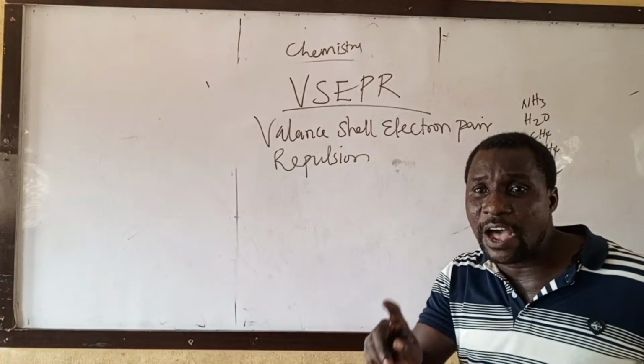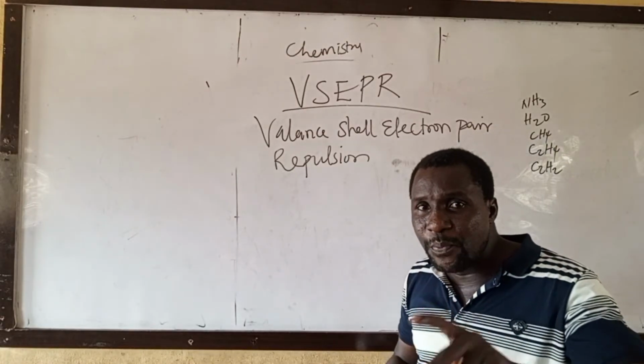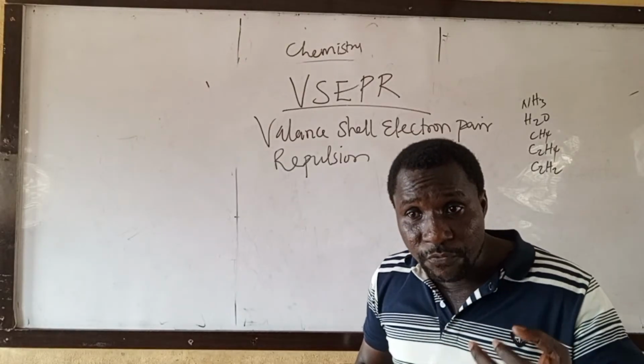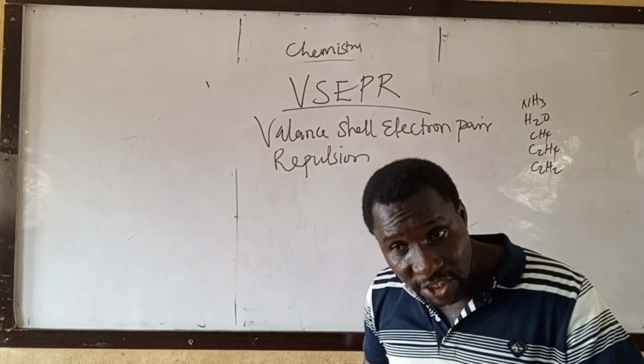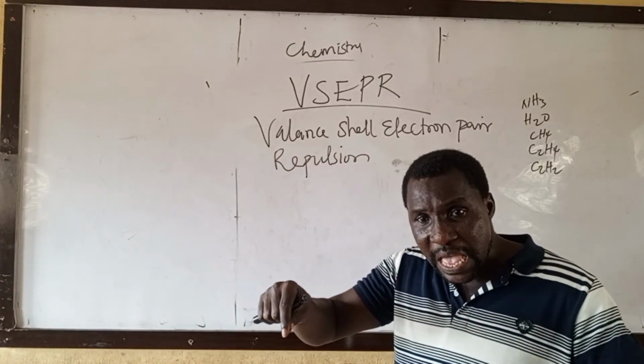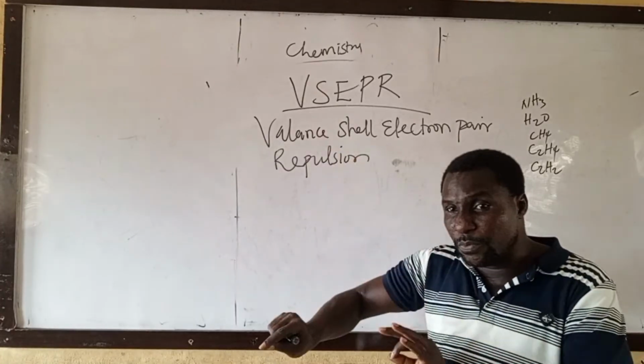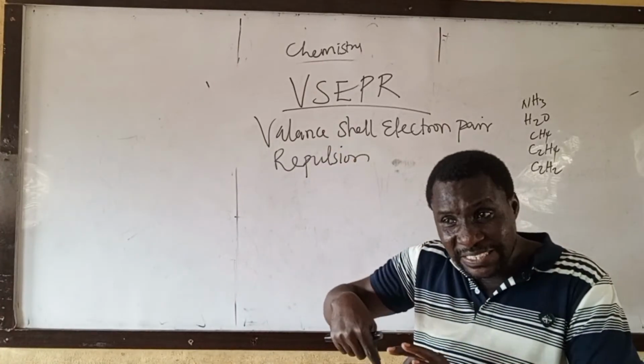Just let me give you how you can know this. Take note. You people have known the meaning of lone pair. You've known the meaning of shared pair, bond pair. Bond pair determines the molecular shape. Bond pair, write it down.